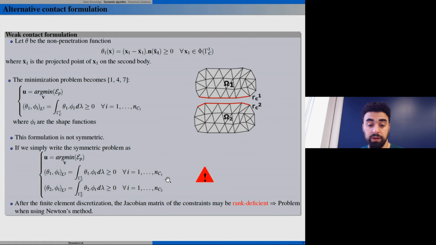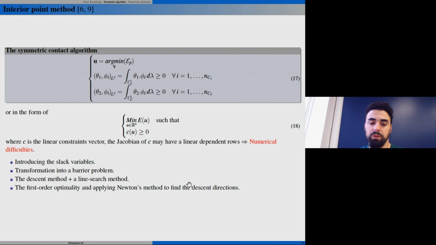But in this problem, we may have a numerical difficulty. Why? Because if we compute the Jacobian matrix of the constraints here, we may have row vectors that are linearly dependent, and therefore our matrix, when we use the Newton method, will be singular. Therefore, we will obtain a numerical difficulty.